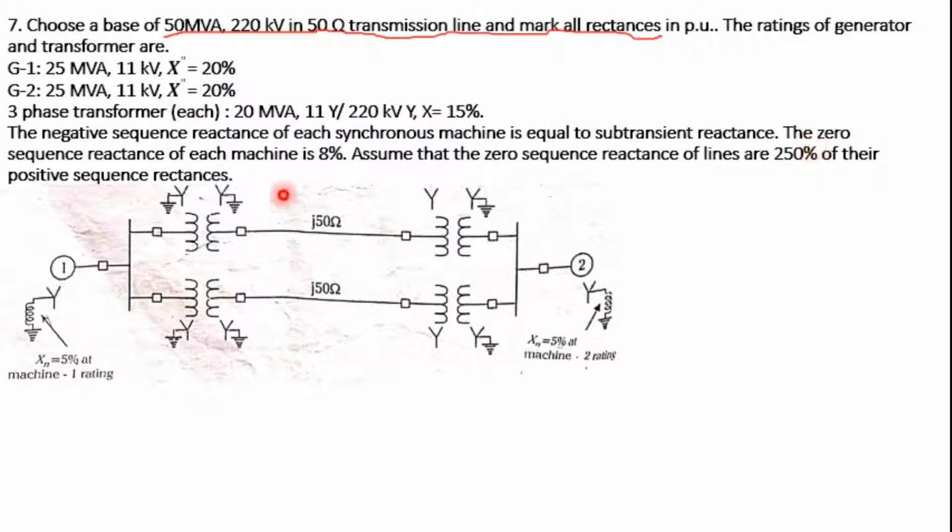And the zero sequence reactance of each machine is 8 percent. This is very important. Assume that the zero sequence reactance of the line is 250 percent of its positive sequence reactance.